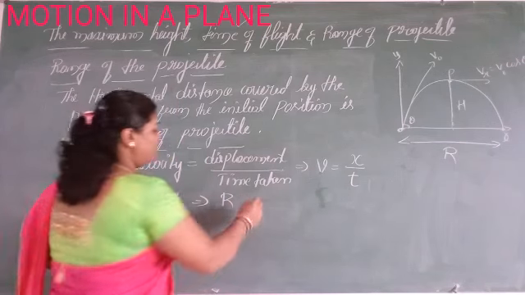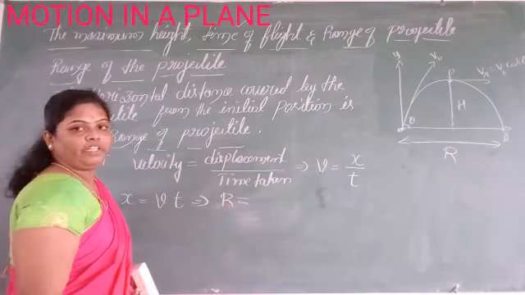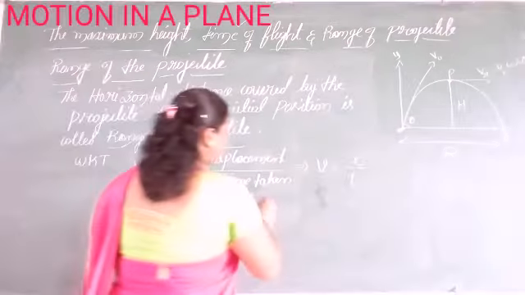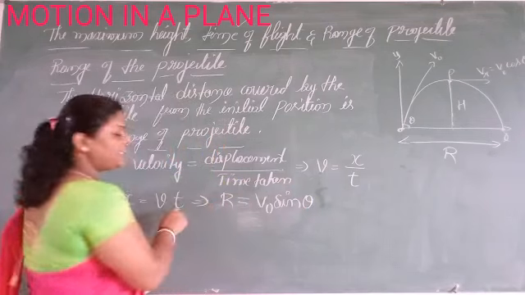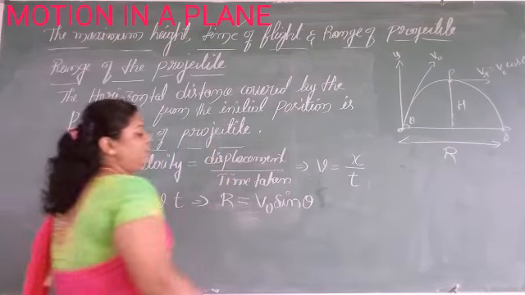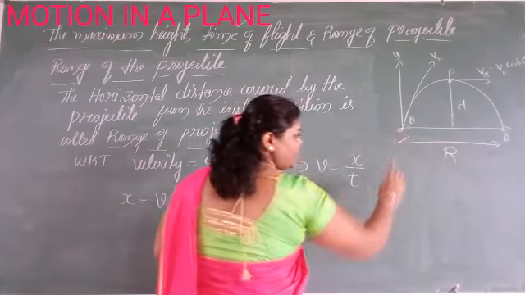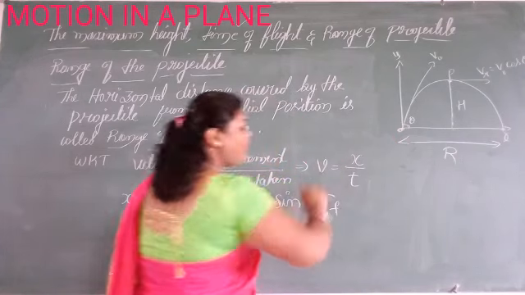That is R, equal to the horizontal component of velocity, times the time taken by the projectile to reach the ground, that is the time of flight.